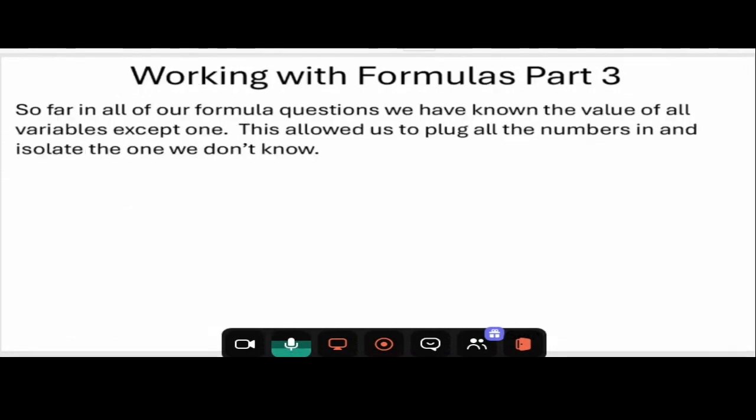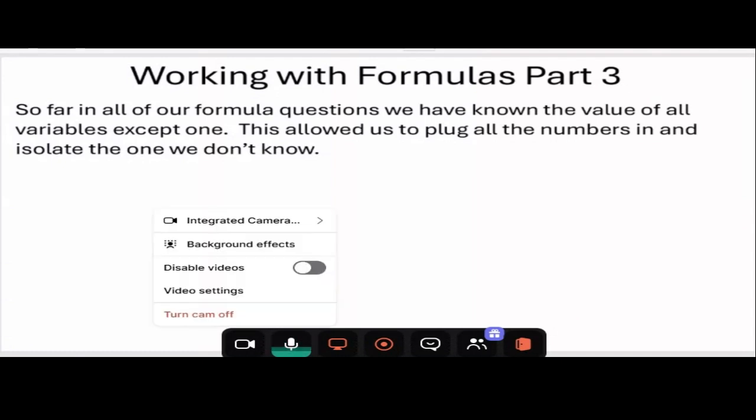So what we want to do now is working with formulas part 3. So far, in all the questions, we have been given the values for all the variables except for one, whether it was the variable on the left-hand side that we wanted, and so we just needed to plug in, or if it was one of the variables on the right-hand side that we wanted, and we had to do a little bit of equation solving.